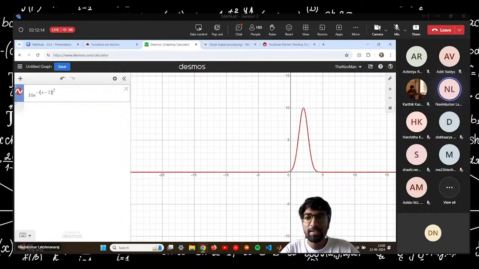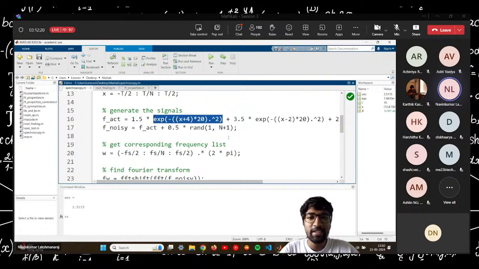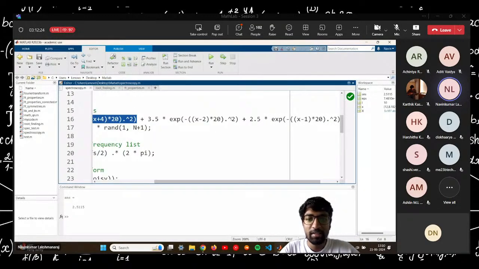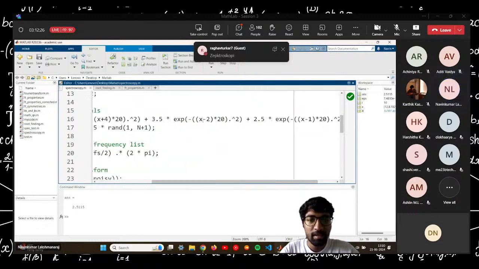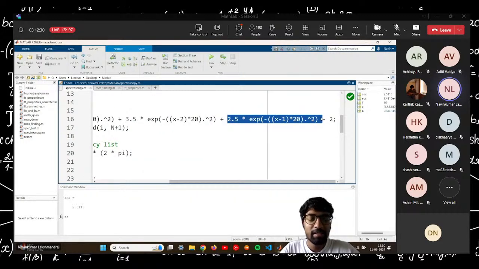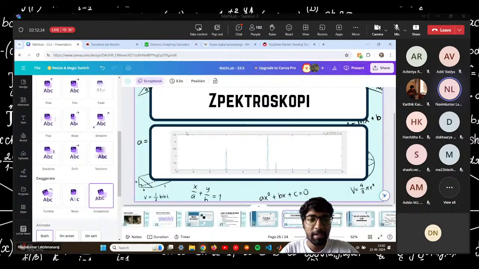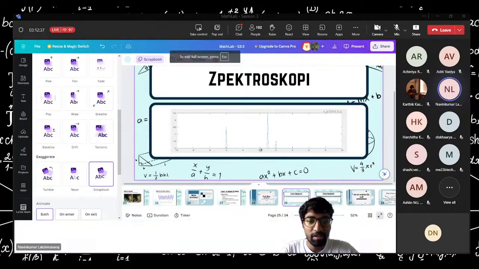But at the same time, we can shrink the duration as well by scaling the x factor. I've created 3 such Gaussians, one being this, one being this, and one being this. And I have scaled them with the appropriate factors to get the spectroscopy data that I have shown here.